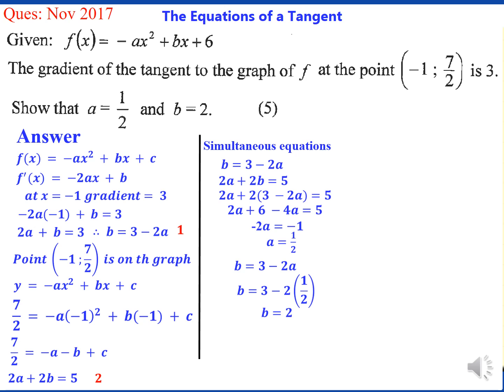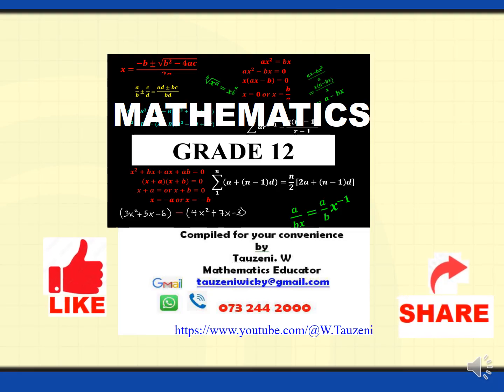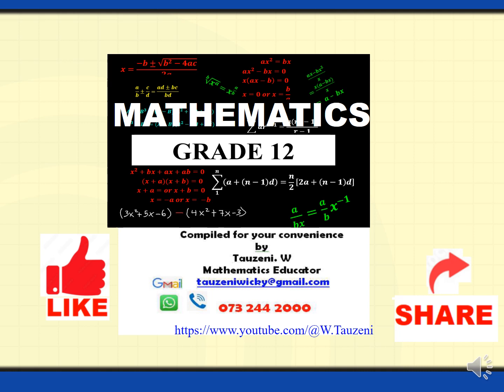And with the cubic functions or any graph for that matter, the gradient of the curve and the gradient of the tangent, they are equal at the point where the two meet. That is vital for us, and also remembering how to determine the equation of a linear function, which is a tangent to a curve.